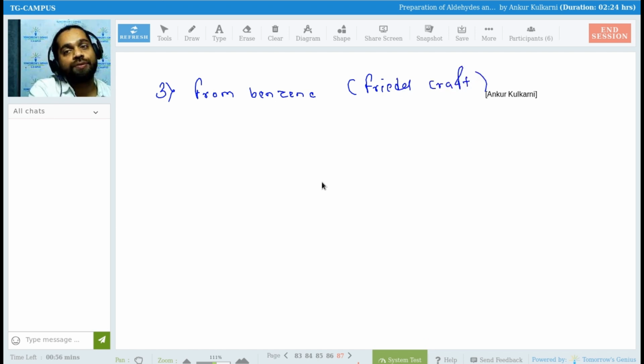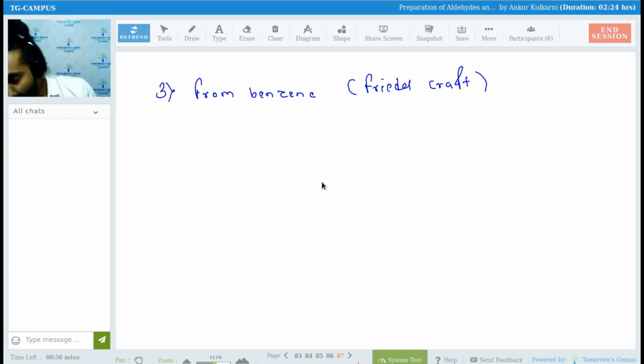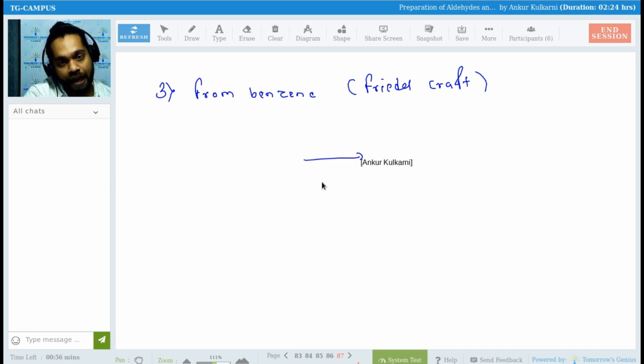Sarjana, what do we use in the Friedel-Crafts? What reagent do we use? Correct, Prashanti. Very good. AlCl3. Sarjana, what is the role of AlCl3? It acts as a what?